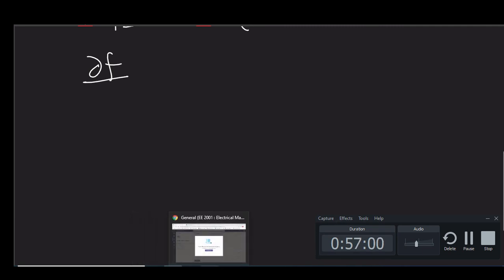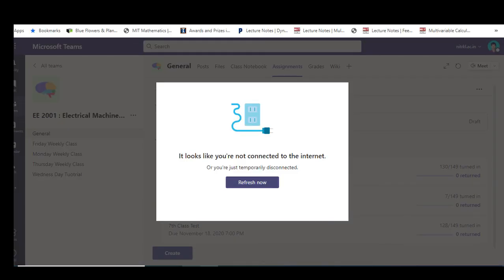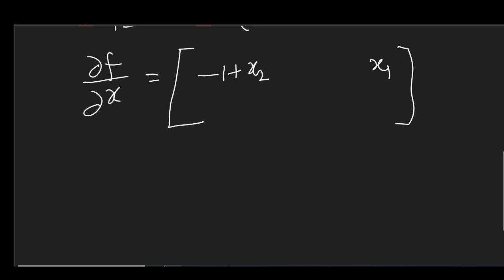So what we can see here, from where we started all our discussion, that del x is equal to 1 plus x2, minus x2, 1 minus x1.